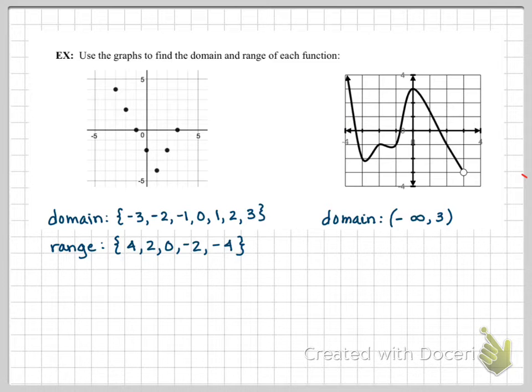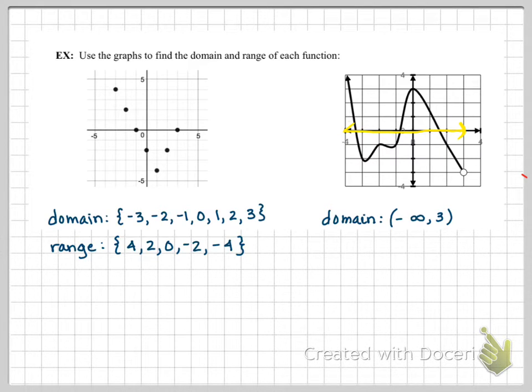And we're only thinking left and right. So this is literally like if we were graphing this on the number line. That's our domain. Where it happens to be vertically doesn't matter because we're only talking about x values.